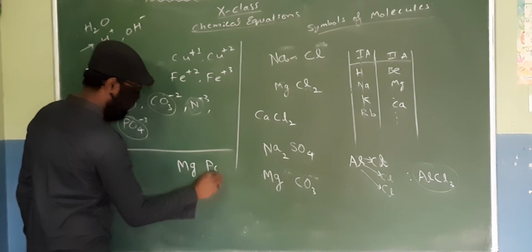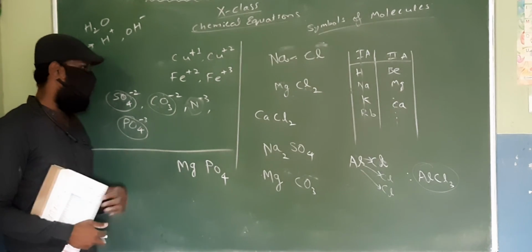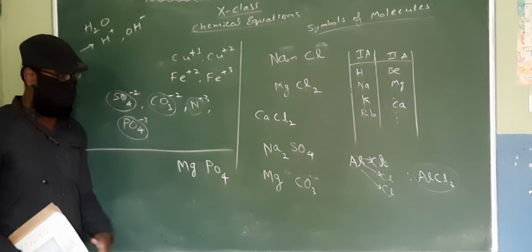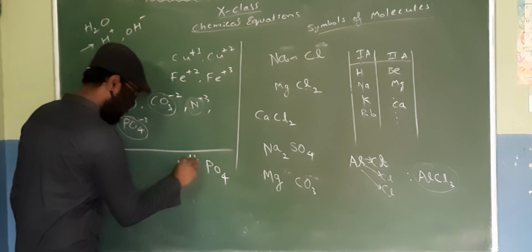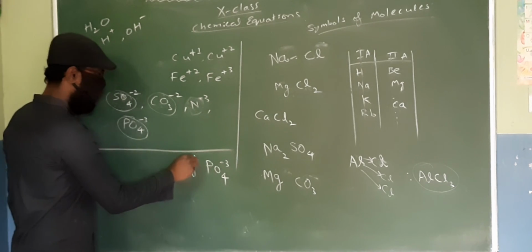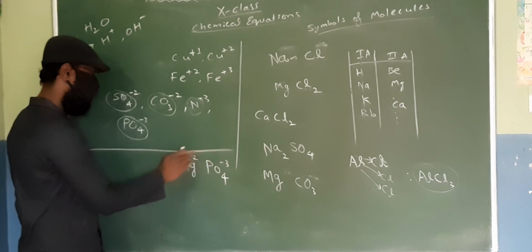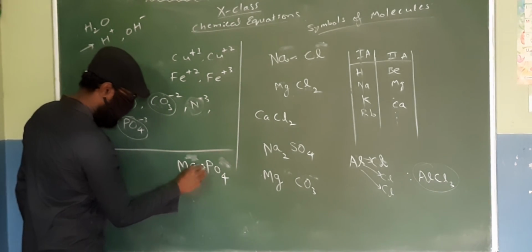Magnesium phosphate. Now this is a little bit tricky. Observe carefully. Magnesium wants to give 2 electrons, but phosphate wants to take 3 electrons. So directly, friendship is not possible between them. I can draw 2 lines like this.